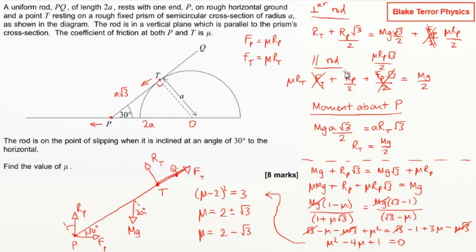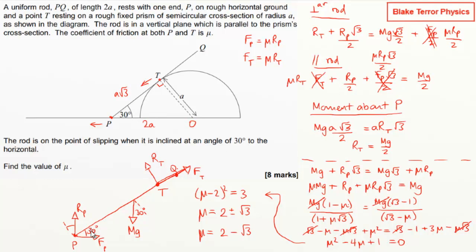Then if your algebra is good enough, this is why being slick at your algebra is so important, because it solves a lot of problems when you're getting into complicated moments questions. It doesn't matter how you do your resolving, you'll be able to deal with it because your algebra is good enough.